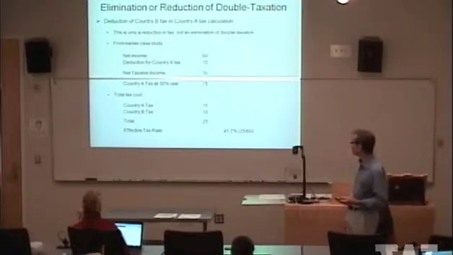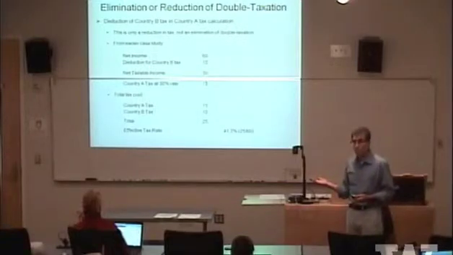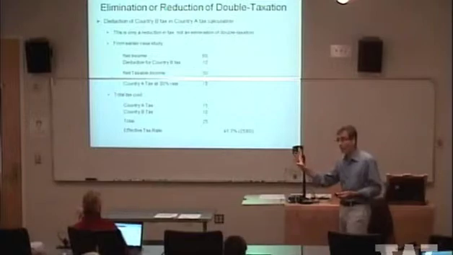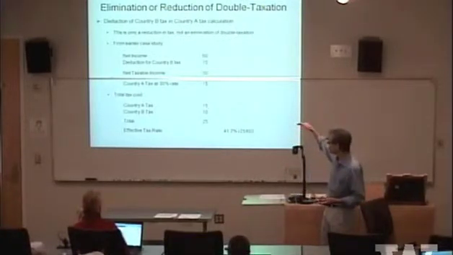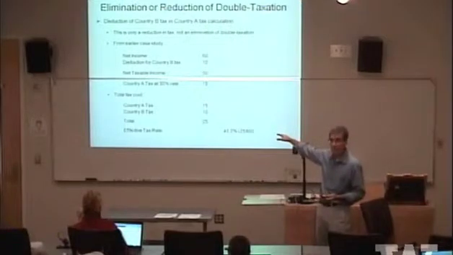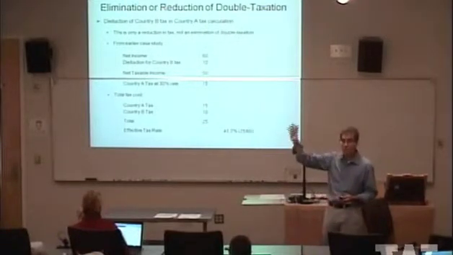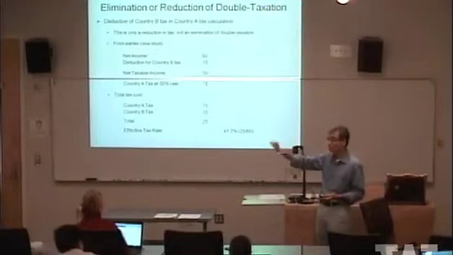Now, how much benefit are we getting from that deduction? The benefit is the tax rate times the amount of the deduction. So we're reducing our tax from 18 down to 15 because 30% of the 10 of foreign tax is 3.